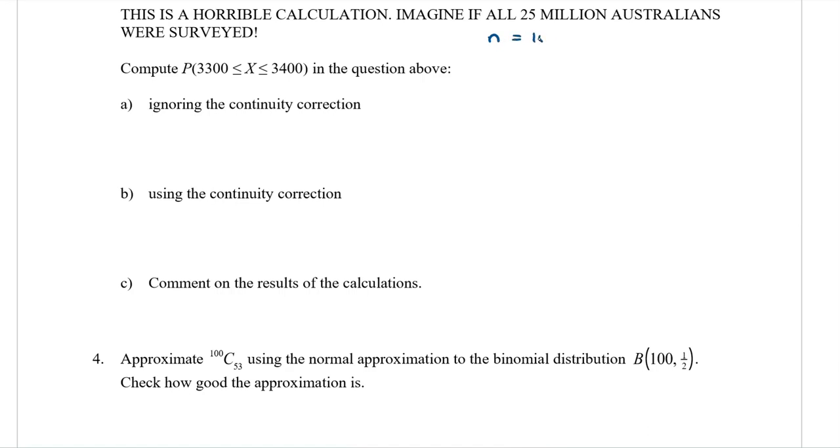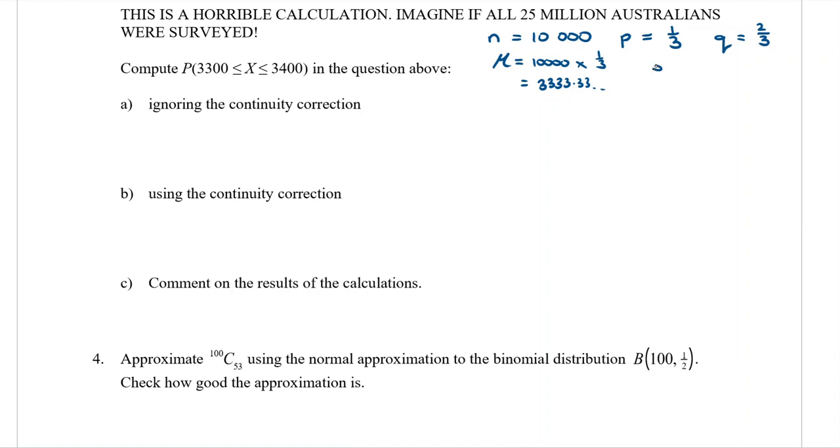So what have we got? N is 10,000. It tells us the probability of 1/3 of people voting for them. That's the probability someone will vote for them, and which means the Q is 2/3. I'm going to have to find z-scores here, so I need to know my mean, which is 10,000 times 1/3, which is 3,333.33 repeater, or a third.